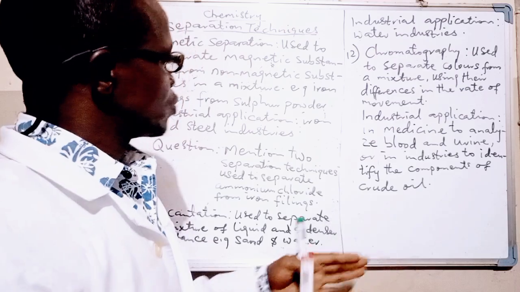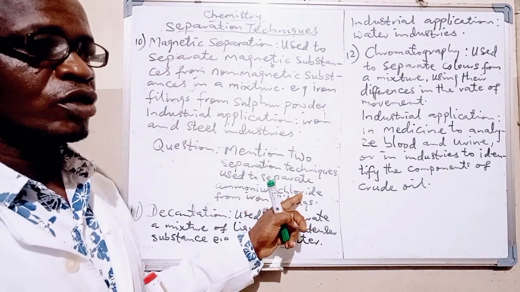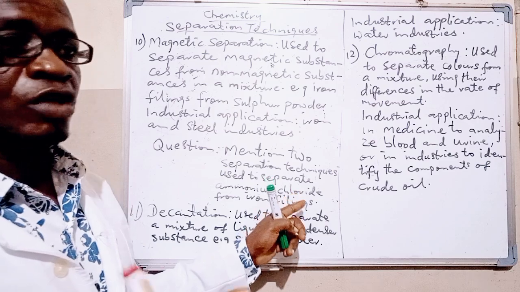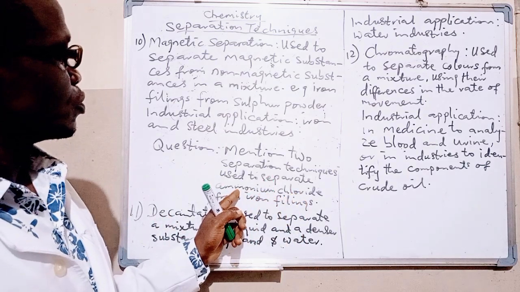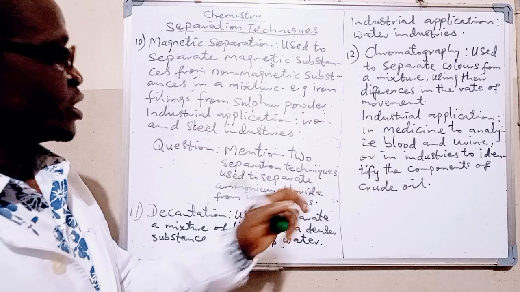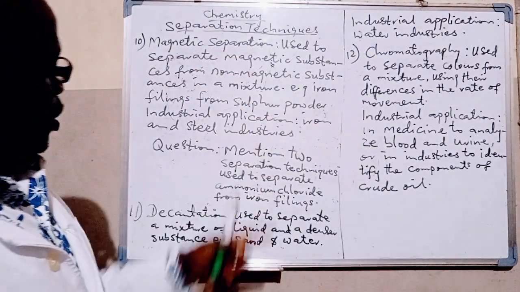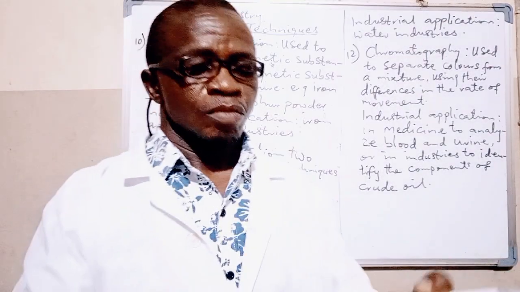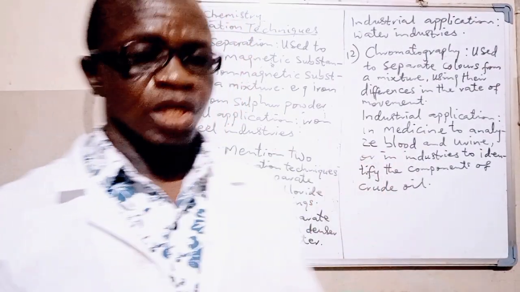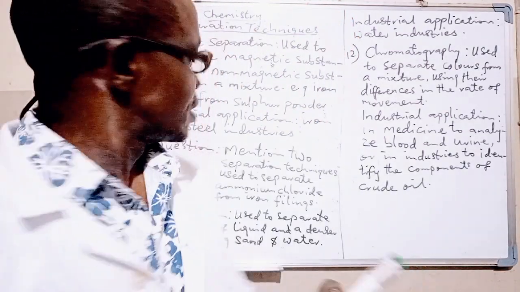Now, you can use that to separate ammonium chloride. Remember, I told you ammonium chloride is one of those substances that can change from solid to gas. So, you can use sublimation to separate it. You can also use magnetic separation to separate iron filings. So, the answer to this question is sublimation and magnetic separation.